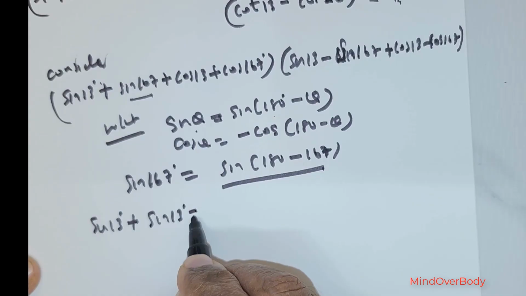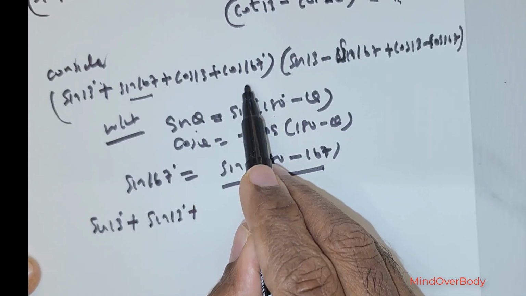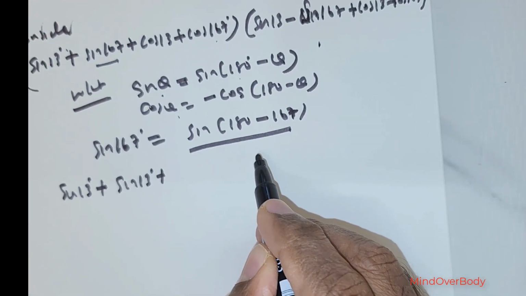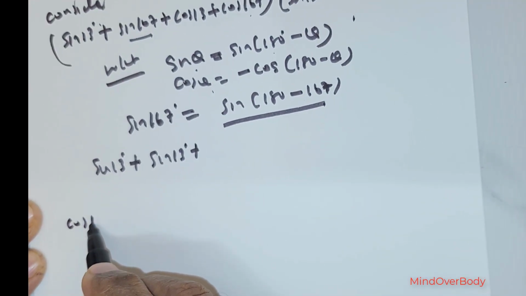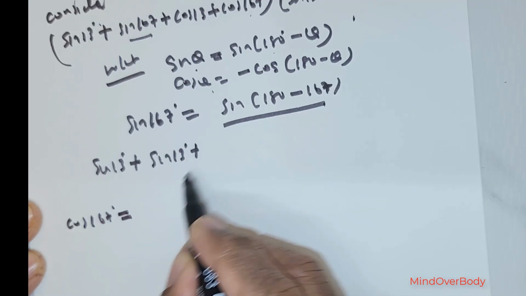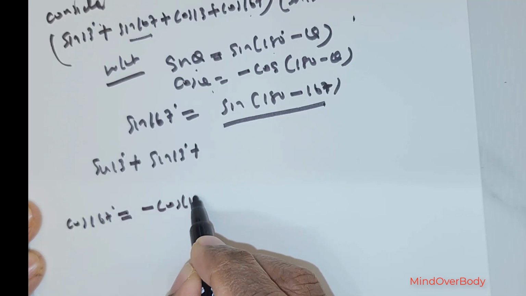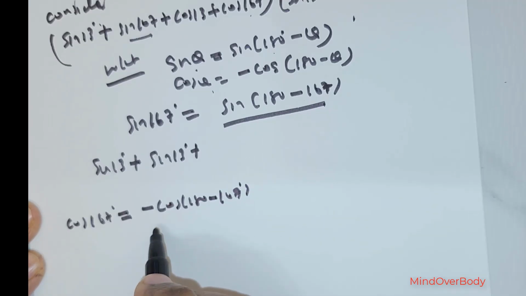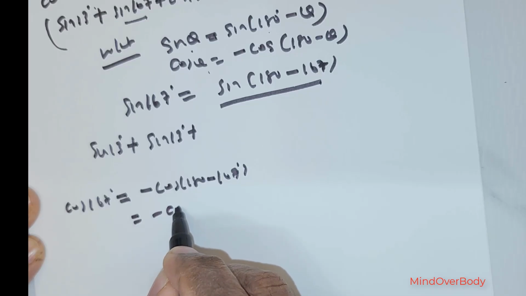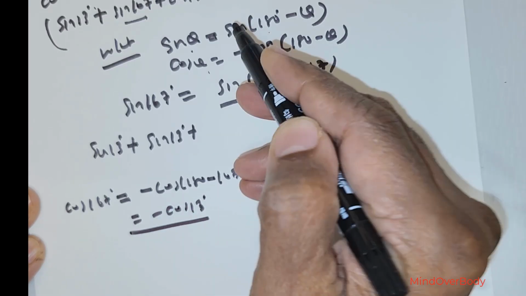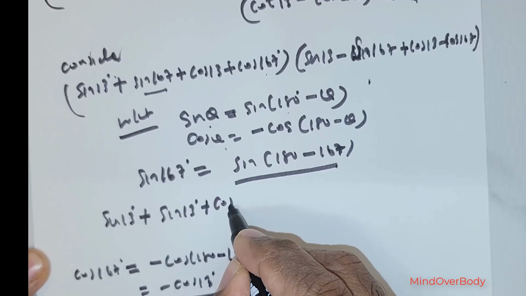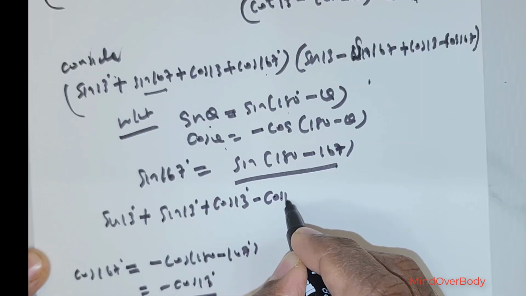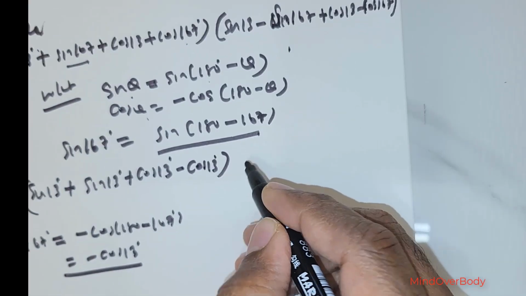Fair enough. Now cos 167 is rewritten as negative cos of (180 − 167), so that gives me negative cos 13 degrees. So I already have a positive cos 13 degrees followed by negative cos 13 degrees. So that's for the first part.